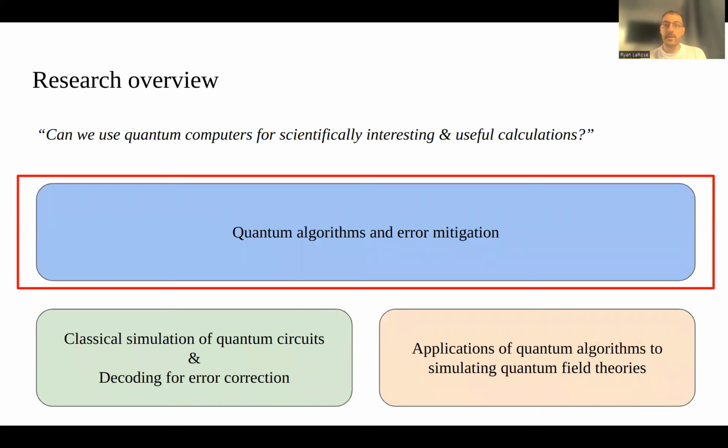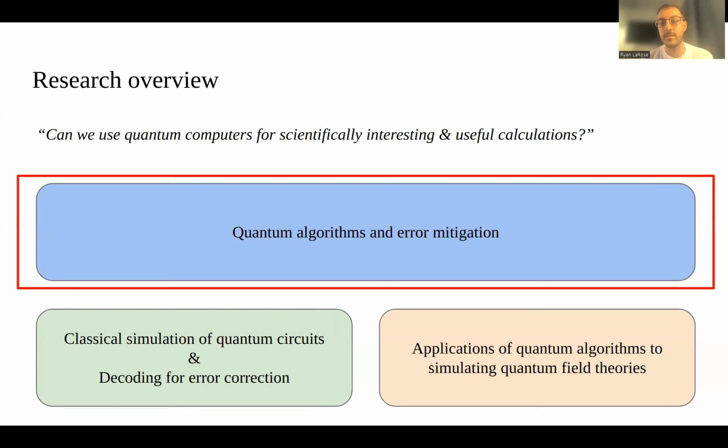So for the background, as Joan mentioned, I've worked in quantum algorithms, variational algorithms and non-variational algorithms, and then error mitigation. That's been the bulk of my work. So that's the outline in red and the majority of what I'll speak about. And then there's some other various work that I've done in the lower two boxes.